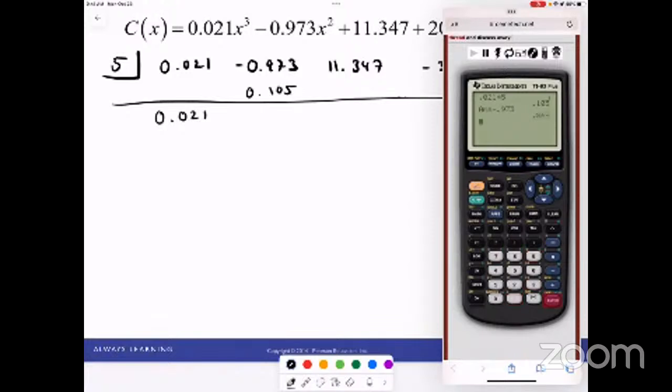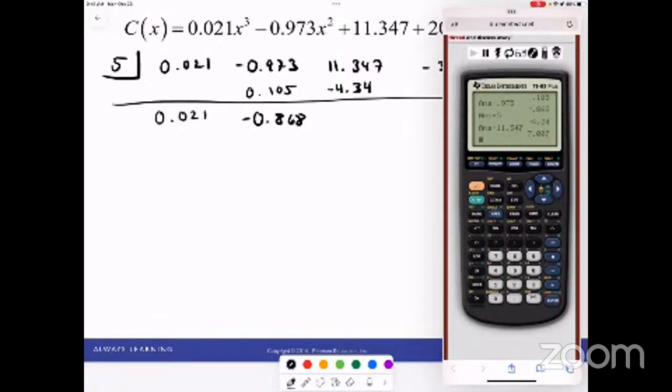We get a negative 0.868. Then we're going to say that times 5. Negative 4.34. Then we're going to say plus 11.347.